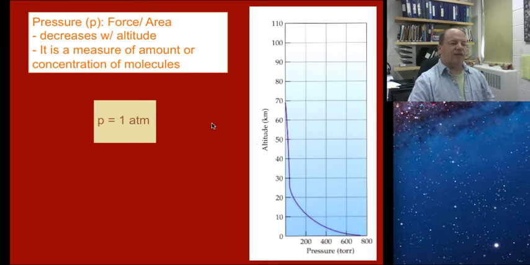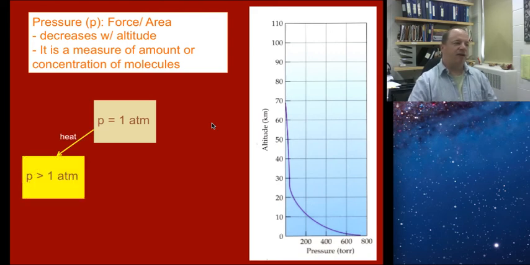Remember again that pressure comes about from molecules colliding with the outside of the container. One of the things we might do is heat the sample. If we heat the sample, those molecules are going to move faster. They're going to hit the container with a little more velocity, a little more energy, and that's going to exert more force, and the pressure will go up.